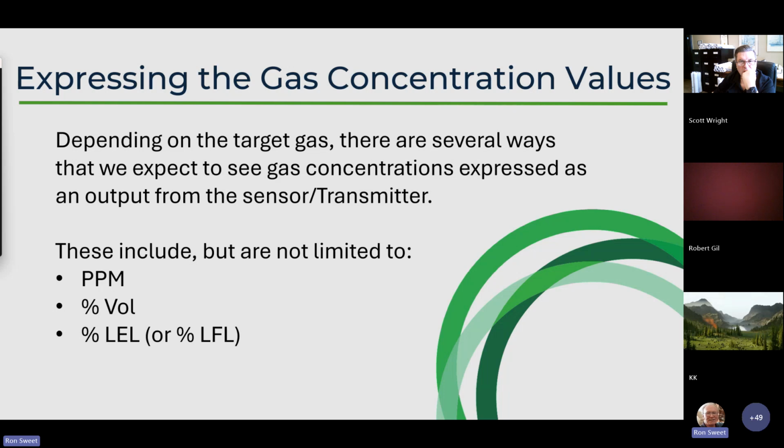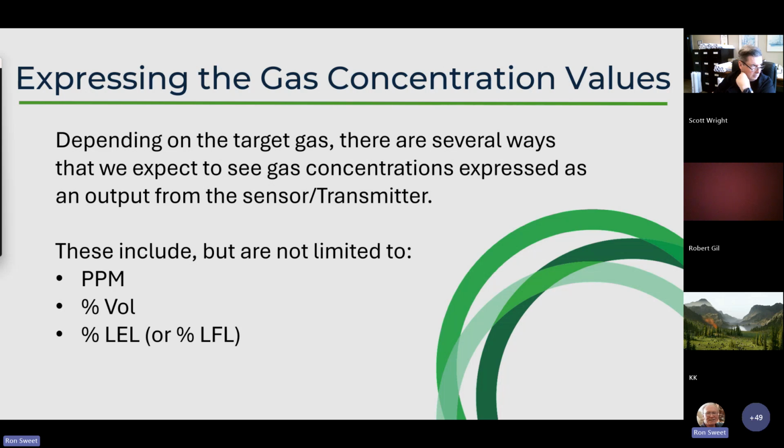Then there are the percent volume, just like the oxygen that I mentioned.